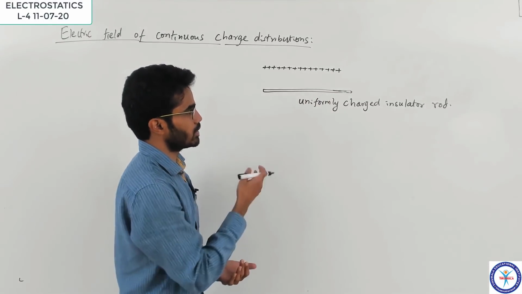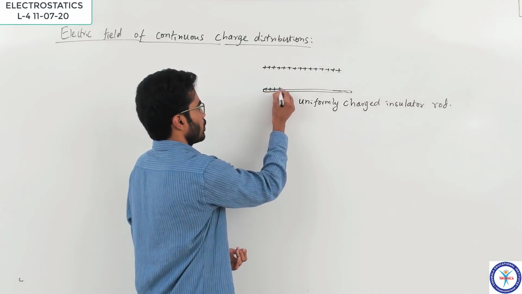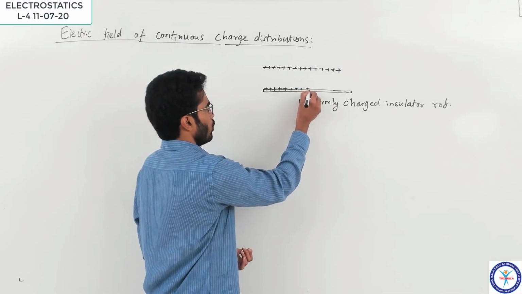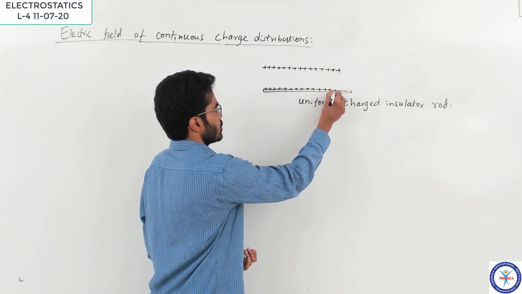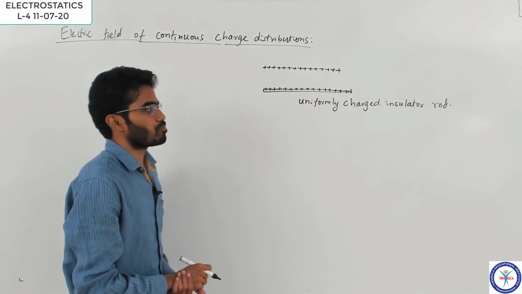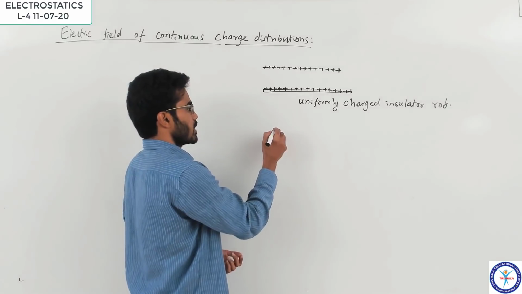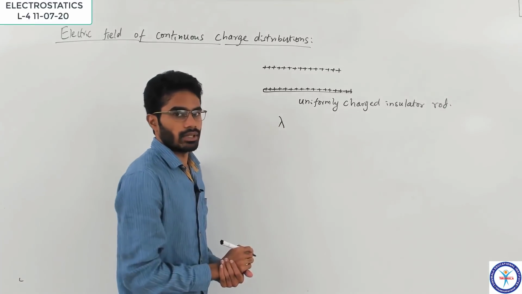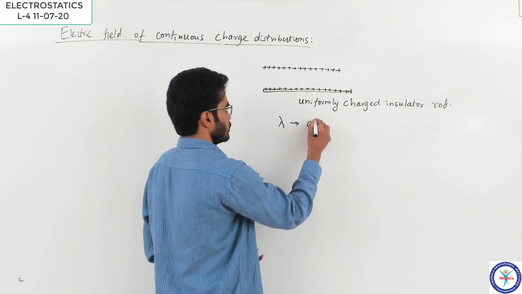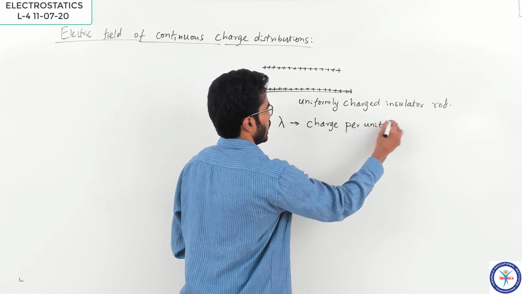Here, in this case, it is a rod, so the charge will be residing on the rod uniformly. Such systems are called continuous charge distributions. In such cases, we generally use these kinds of terms. Lambda we use for charge per unit length.